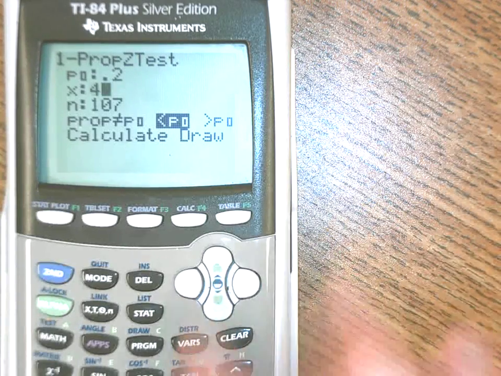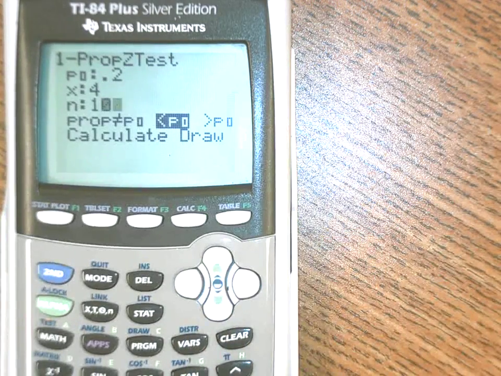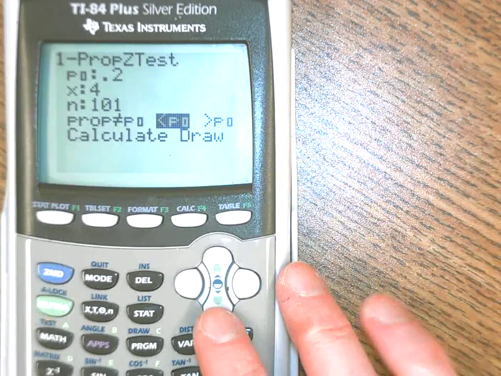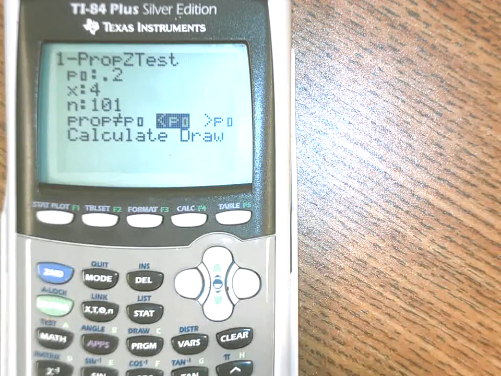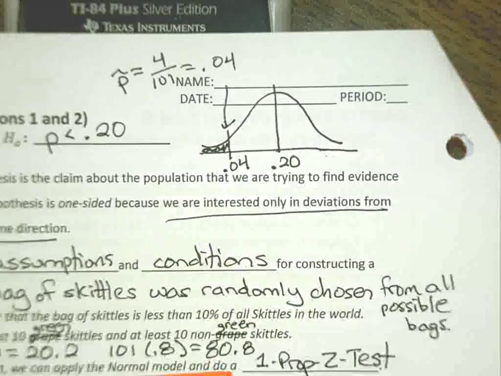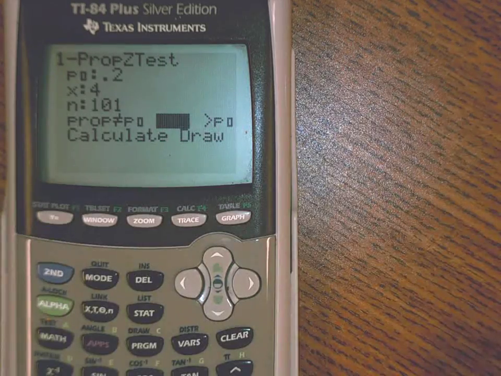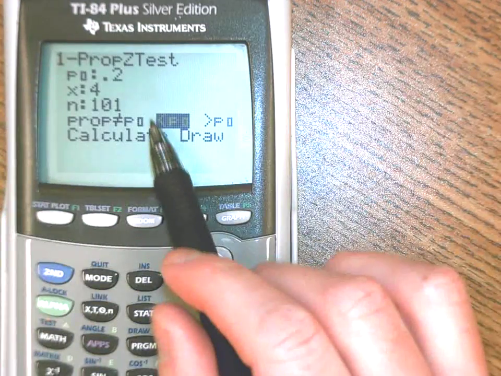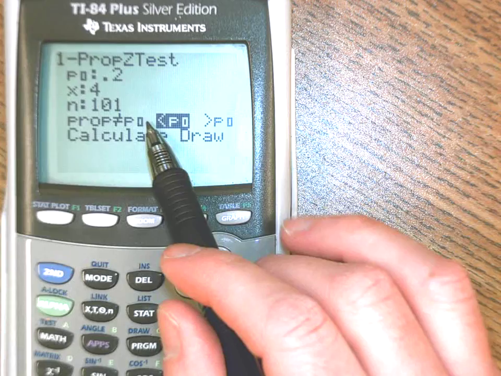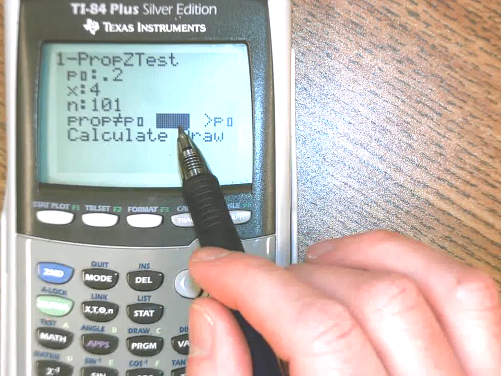And we had 4 green out of 101. And we were looking for the direction that's less than. If you look at your curve and how you wrote your alternative, it's also pointed in that same direction. So that's the direction we're choosing. We're saying that over here on this side our statistic is less than the parameter.